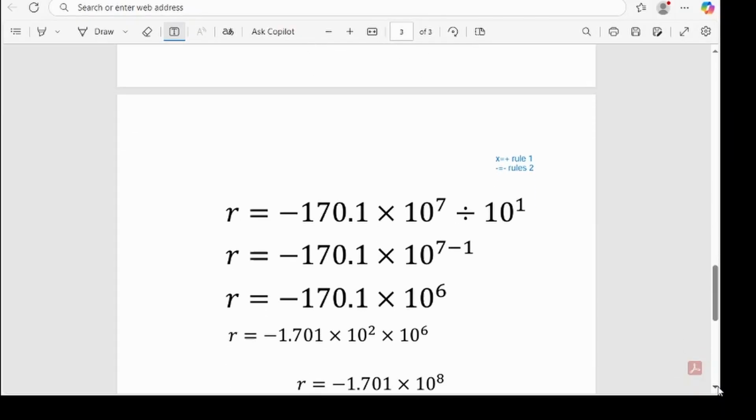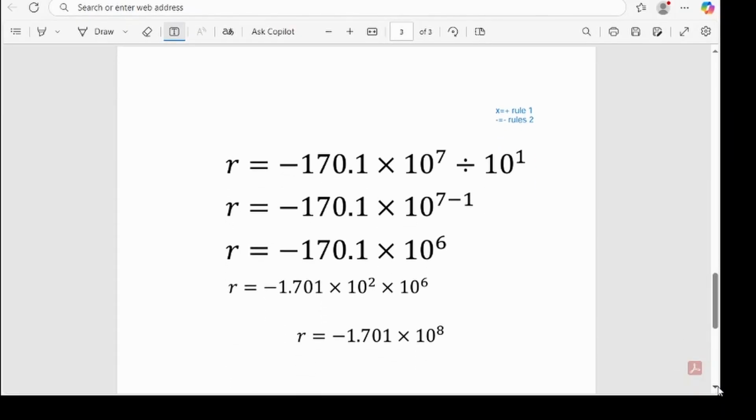So R then becomes negative 170.1 multiplying 10 exponent 7 divided by 10 exponent 1. Okay, so remember the rule I said earlier on: multiplication in standard form means addition. Division in standard form means subtraction.